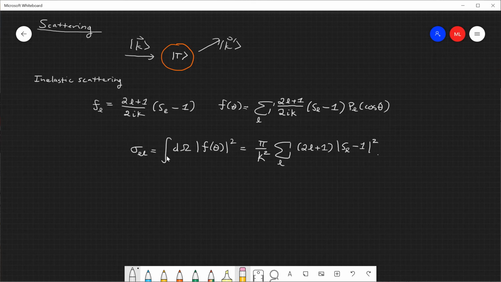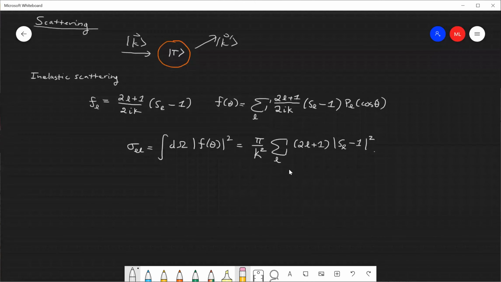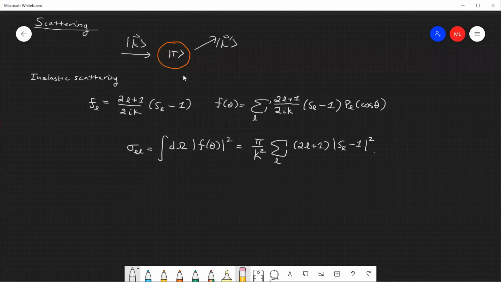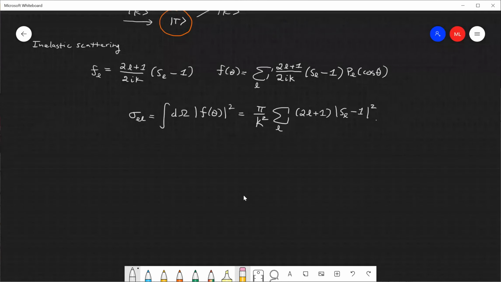And that's elastic scattering. In elastic scattering, all of the energy that comes in is equal to the energy that comes out. An inelastic process, as I mentioned, is one in which something happens and some energy is absorbed.